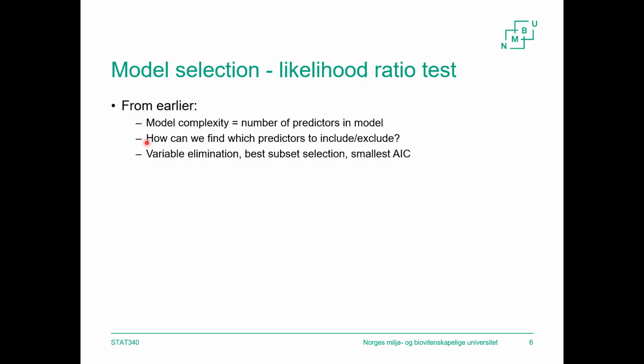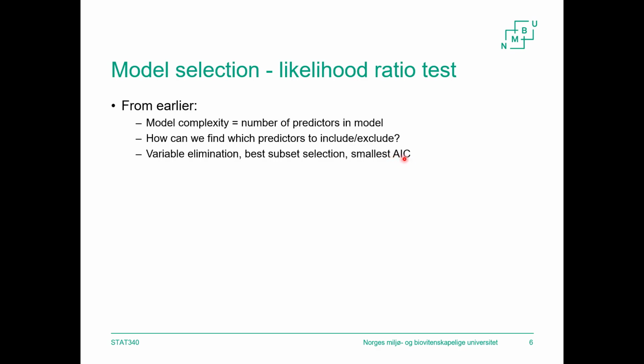How can we find which predictors to include or exclude? That's model selection, right? And we have also seen this before. We did best subset selection, or backward elimination and so on, and we need some criterion. We have seen one of them before, namely the smallest Akaike's information criterion, which we also talked about last week.